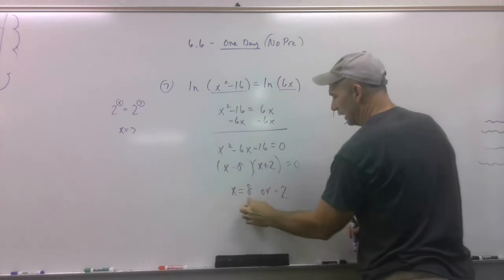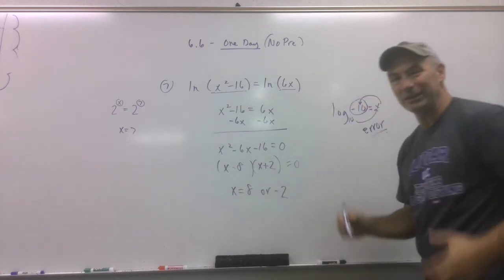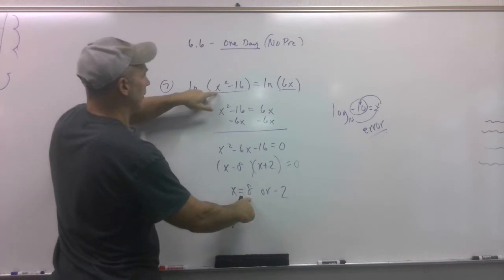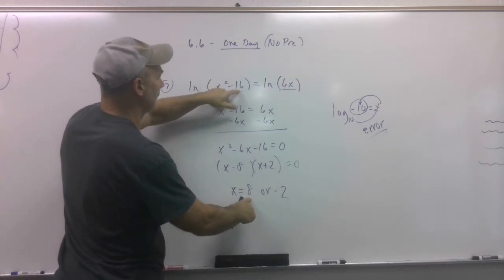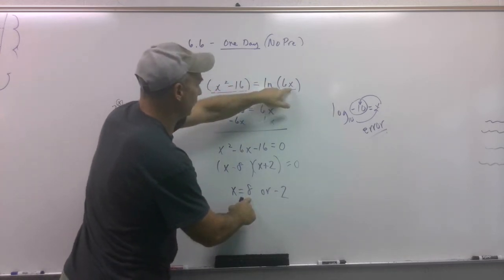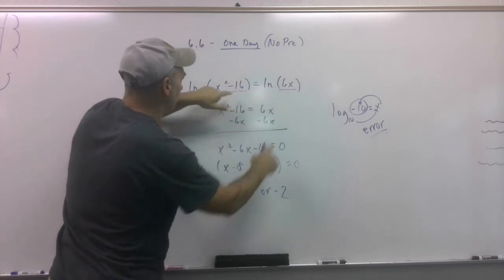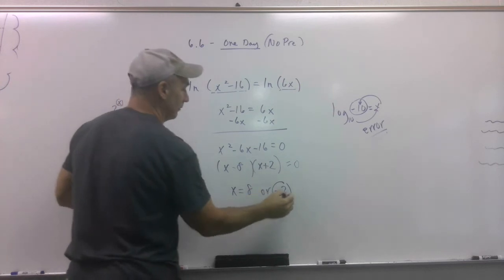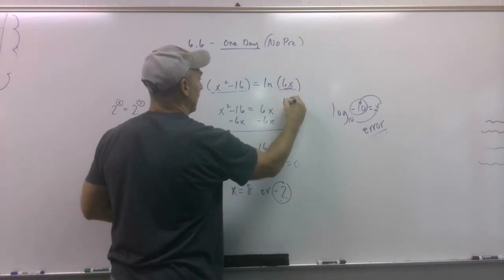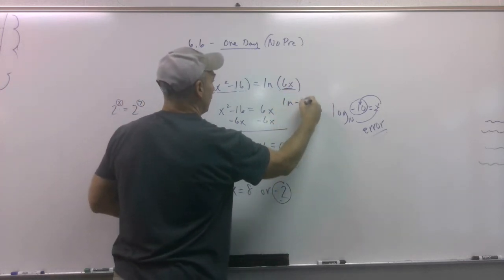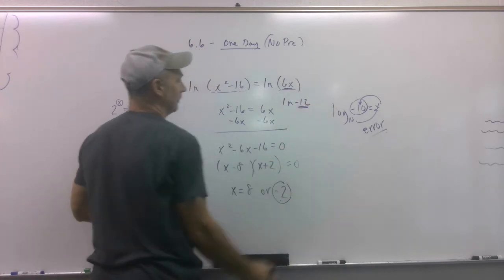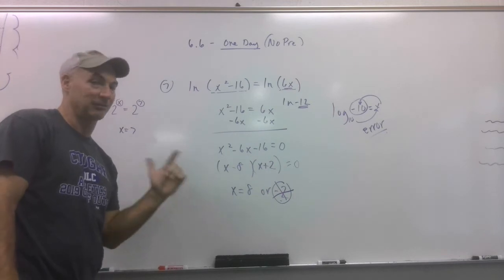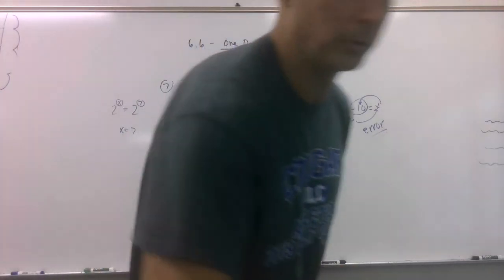So I've got to check my answers for this, and that's why this stuff gets a little dicey. If I put that 8 in there, I get 8 squared, 64 minus 16. If I put 8 there, I get 48. So that's no problem, because there's positives in there. What about this -2? Well, if I put it in there, I get natural log of -12. Can't have a negative in that position ever, so that kicks it to the curb. That's a little curveball. Look out for those.